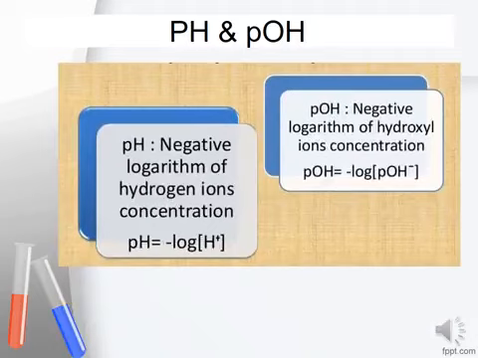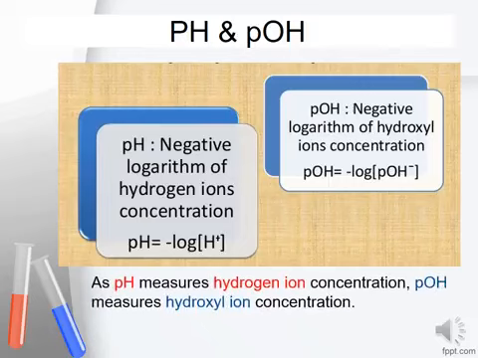And pOH is the negative log of hydroxyl ion concentration. pH measures the hydrogen ion concentration, so it is the relation with the negative log of hydrogen ion concentration, and pOH measures the hydroxyl ion concentration, so there is a relation between pOH and the log of OH.